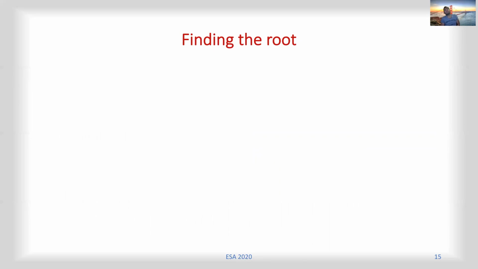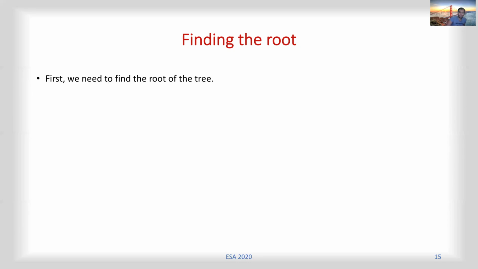So in order to reconstruct the tree in this problem, we find the root of the tree, and for any non-root node of the tree, we find the parent of that node.